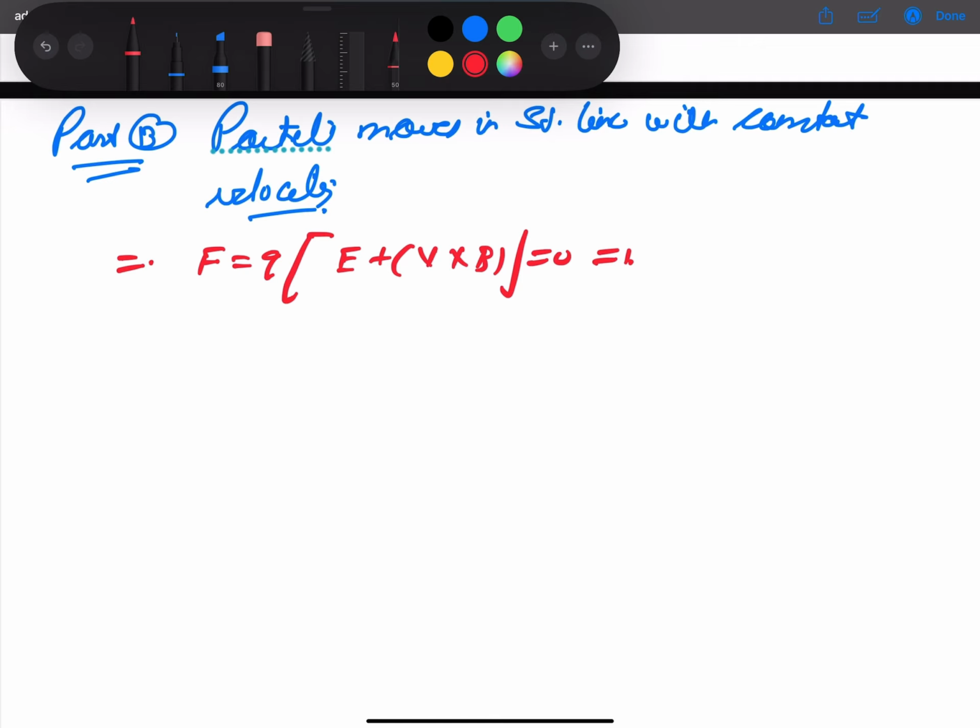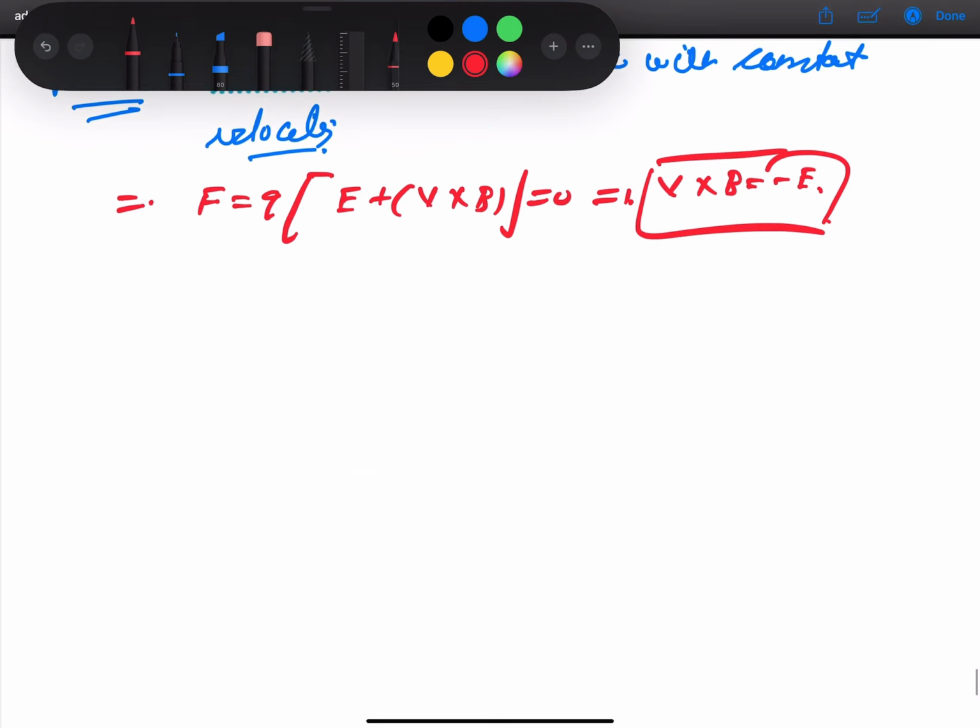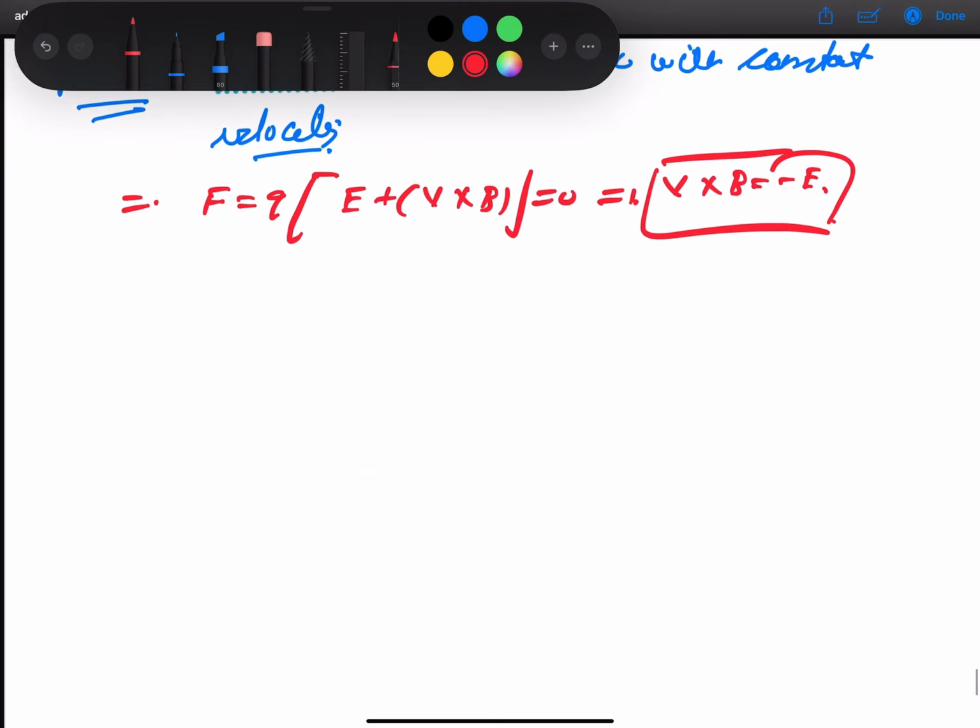So it gives us that V cross B should be equal to minus E. Then the particle will be moving in a straight line with a constant velocity. So we have option A.